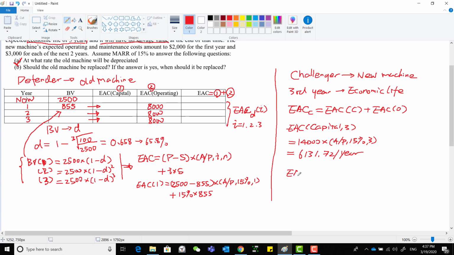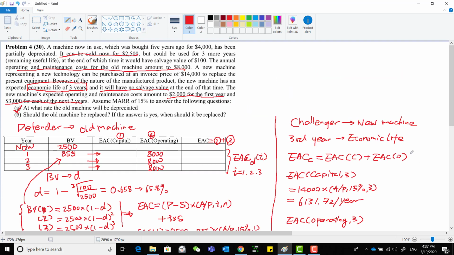Then we can continue calculating our operating cost for the 3 years. We have $2,000 maintenance for the first year, and then $3,000 for the next 2 years. If we look at the cash flow diagram, let me just draw it here really quick.